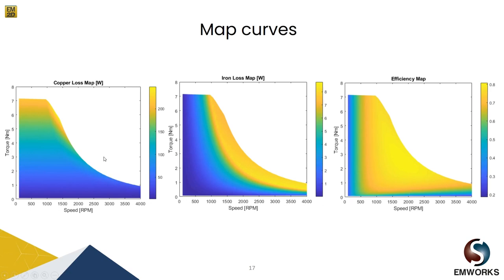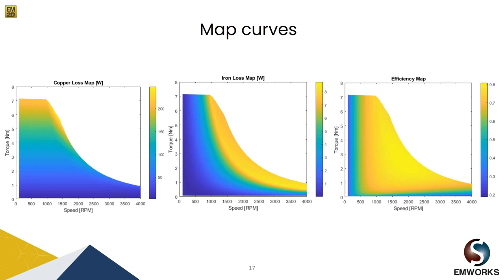Calculation of the copper loss map is straightforward because we know the value of stator resistances and rotor bar and rotor end ring resistance. So when we know the value of currents, we can calculate copper losses. Also, because in the magnetic equivalent circuit method we calculate the value of flux density in each rotor tooth, stator tooth, rotor yoke, and stator yoke element, we can use those numbers to calculate iron losses.